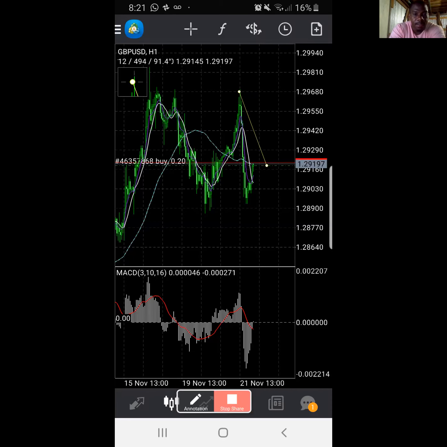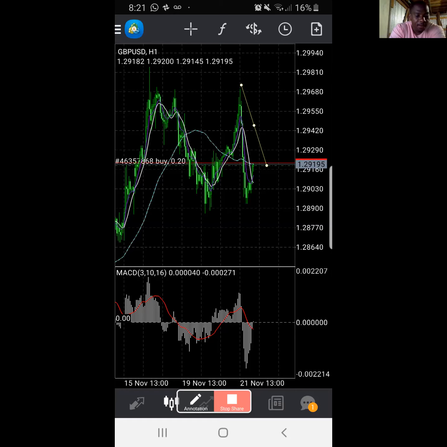And the same thing on MetaTrader 4 on the computer, but you use the crosshair instead of the shapes. So using my trend line here, it would basically measure my distance from the base to how far I want to take it, and I could count my pips that way.